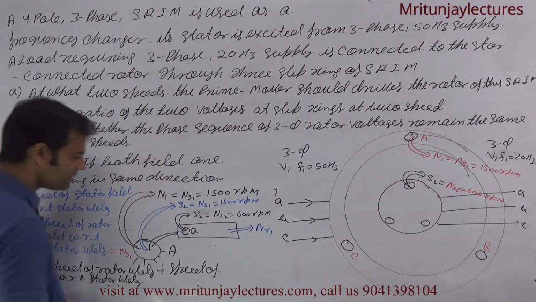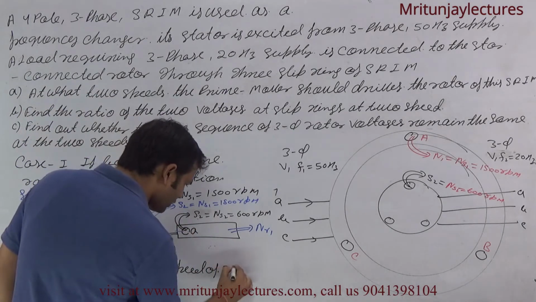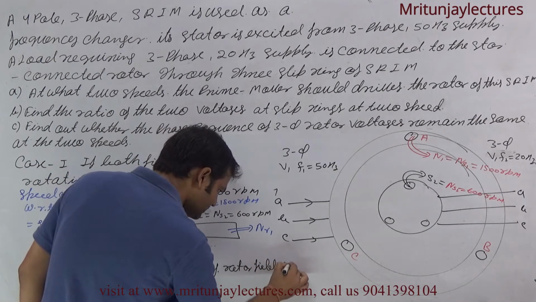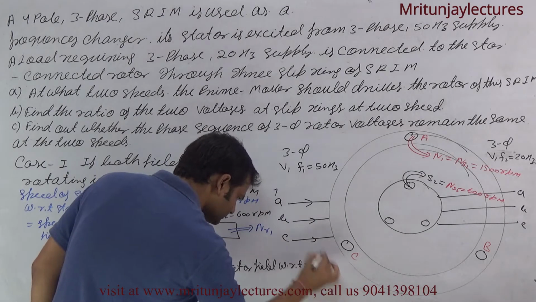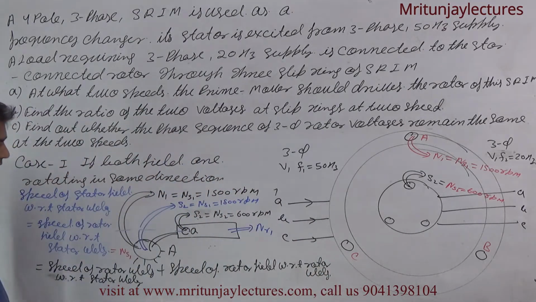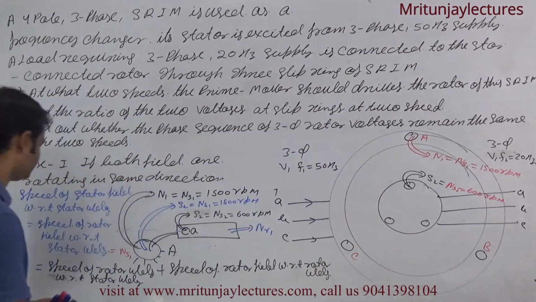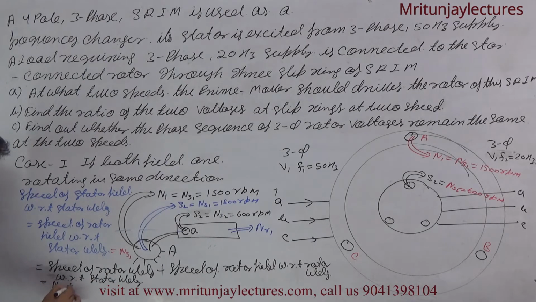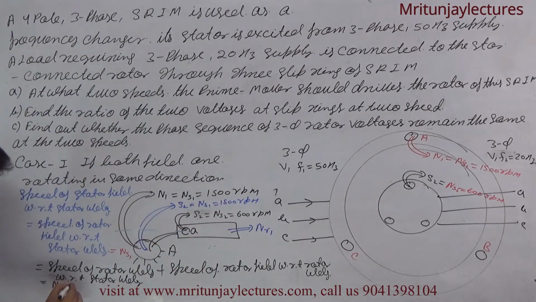Now plus the speed of the rotor field with respect to the rotor winding. Clear? The speed of the rotor field with respect to the rotor winding. So this one is NR, and what about this speed, that is NS2, this is equal to NS1.